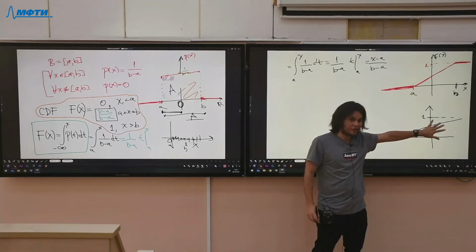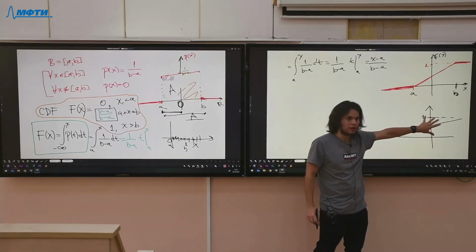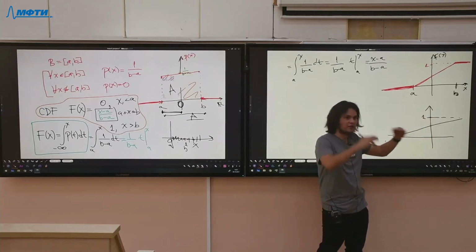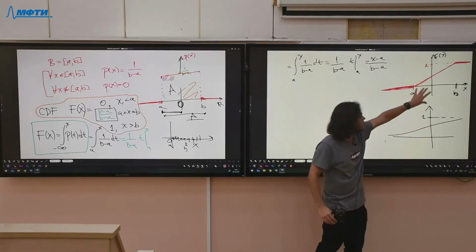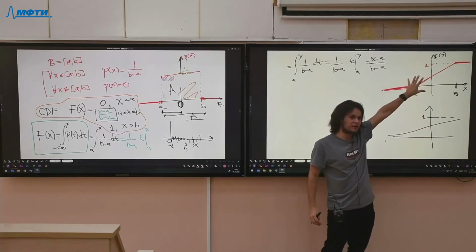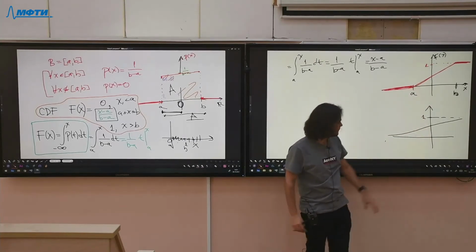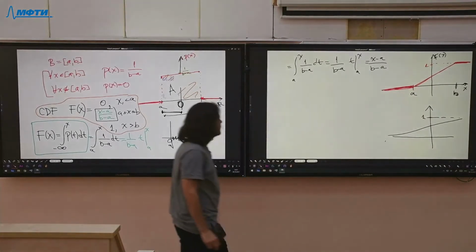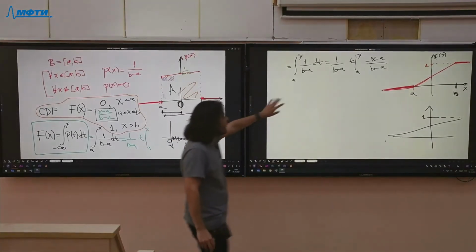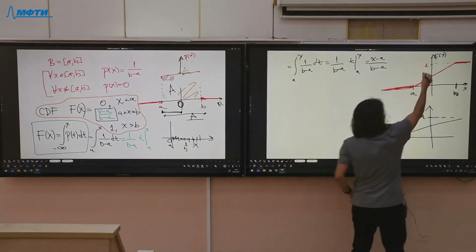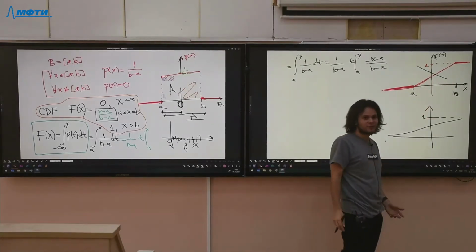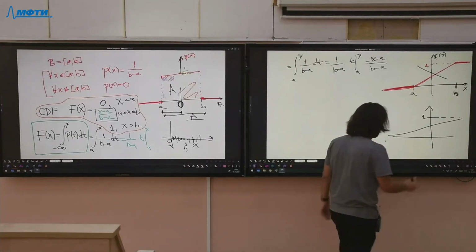That's it. This is the main look, okay? And when we have the discrete case, then we have these steps, this stairway. But in the continuous case, we have something like this. So if, for example, you found the CDF and the graph is something like this, it means that's wrong. That's for sure wrong, okay?